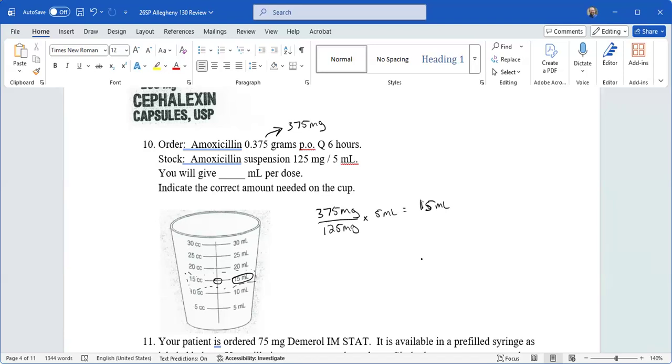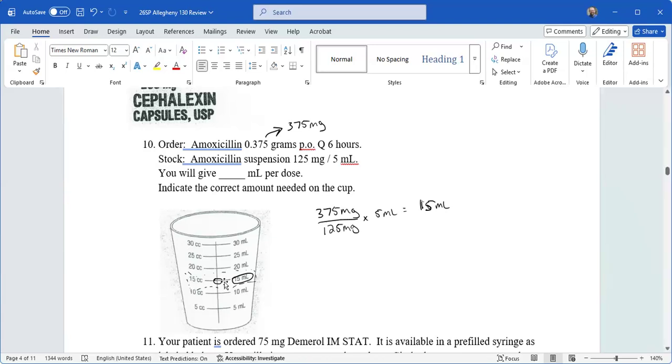My assumption is that it's paper, but I don't know that definitively. If you're doing it on Blackboard, you just drop the point on the line or on the number. If you're doing it on paper, then I would circle the correct amount like it says.